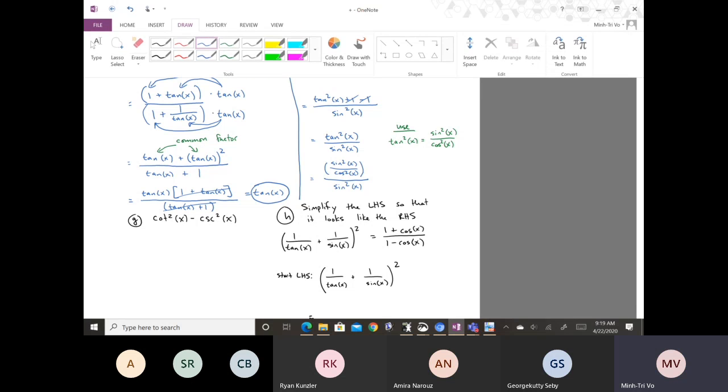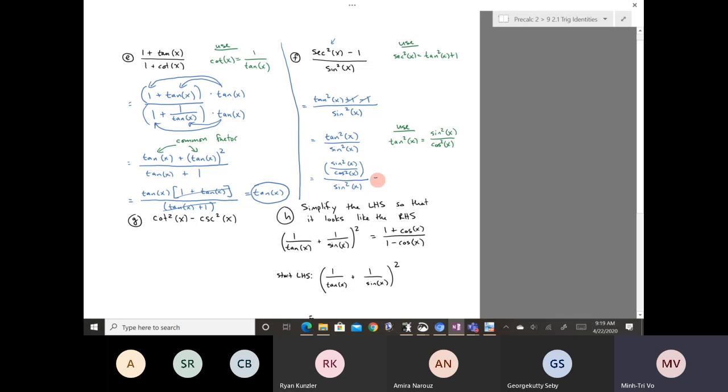And again, dividing by something is the same thing as multiplying by the reciprocal. Right, so you have sine squared x over cosine squared x times the reciprocal of this, which is over 1, so the reciprocal is 1 over sine squared. And what am I left with? 1 over cosine squared.